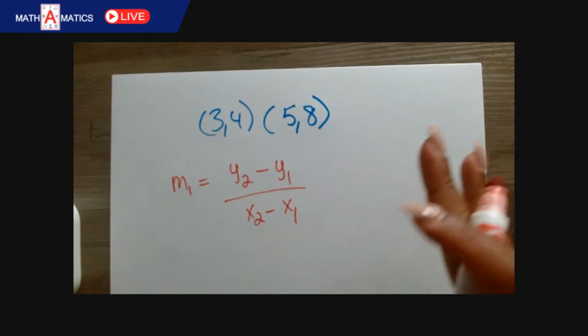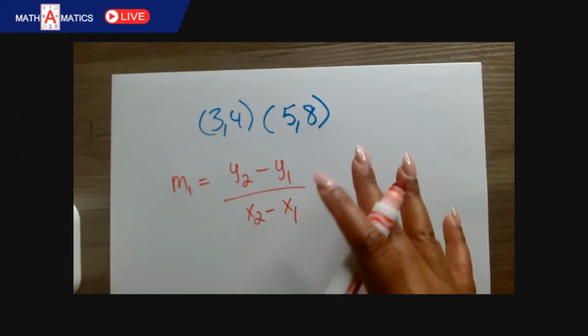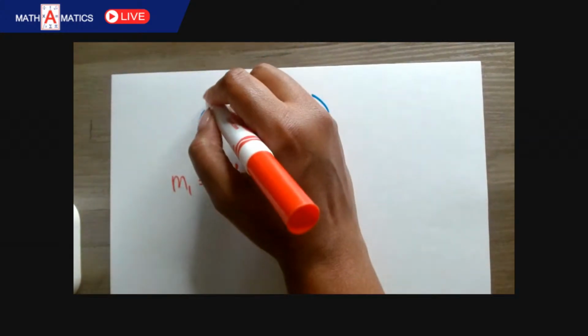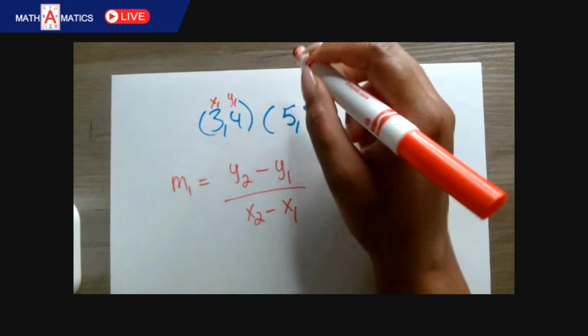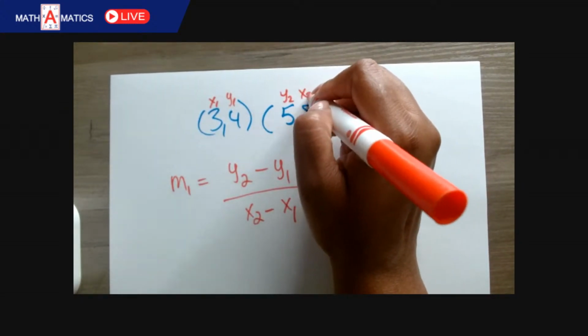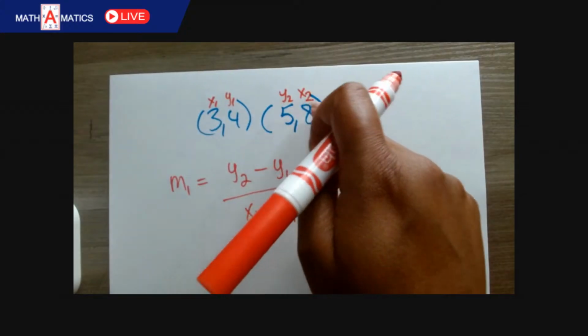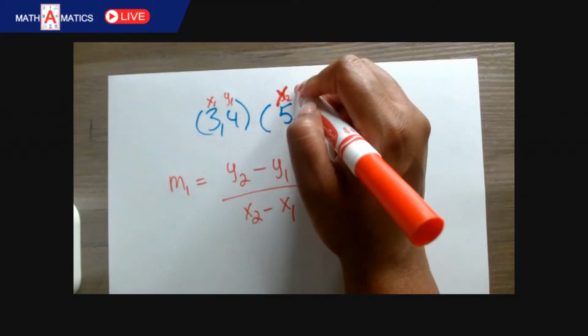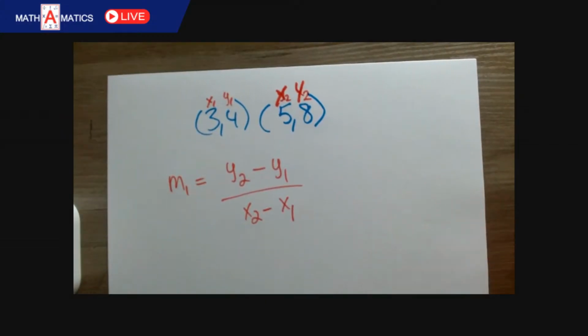Because if we don't know anything else or where to start, we do know we have 2 points. So we're going to label our points x1, y1, and it doesn't matter. They're interchangeable. If you call this one 2, then the x has to be 2. If you call this one 1, the x has to be 1. And I wrote that backwards because I was talking.